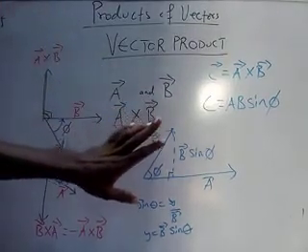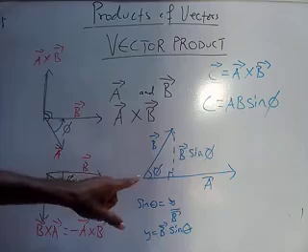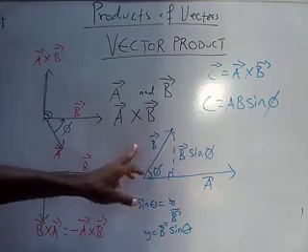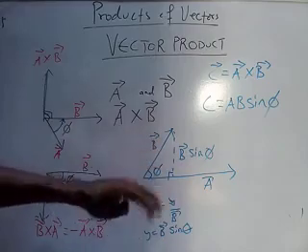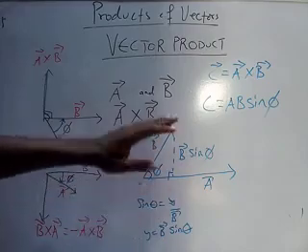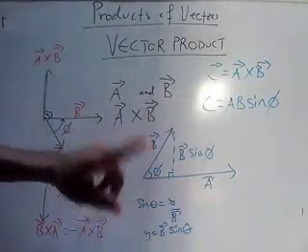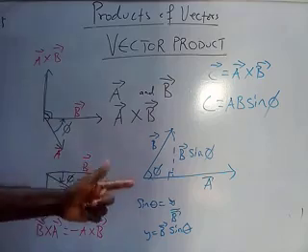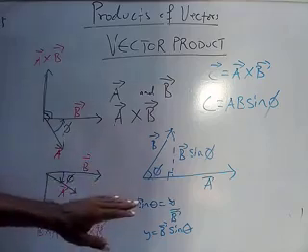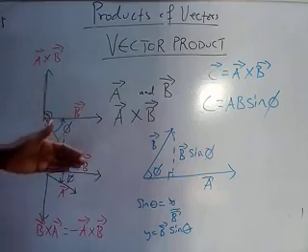The vector product, the cross product of A and B. Now B is moving towards A. If it is A moving towards B, it's going to be BA sine phi. So we measure the angle phi from here, from A to B. Here is from B to A.